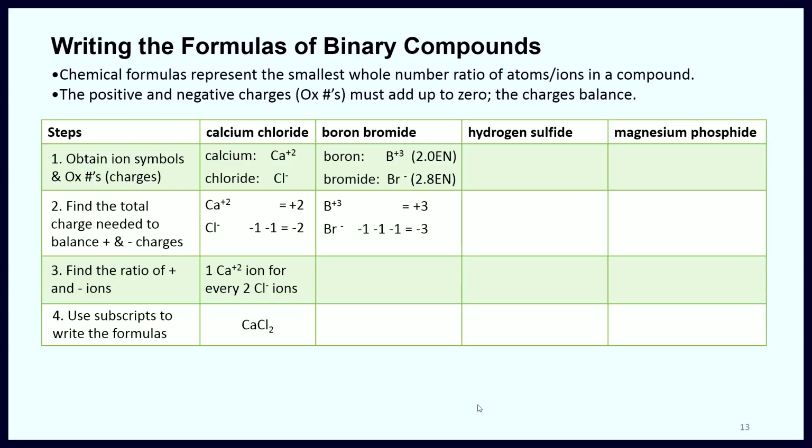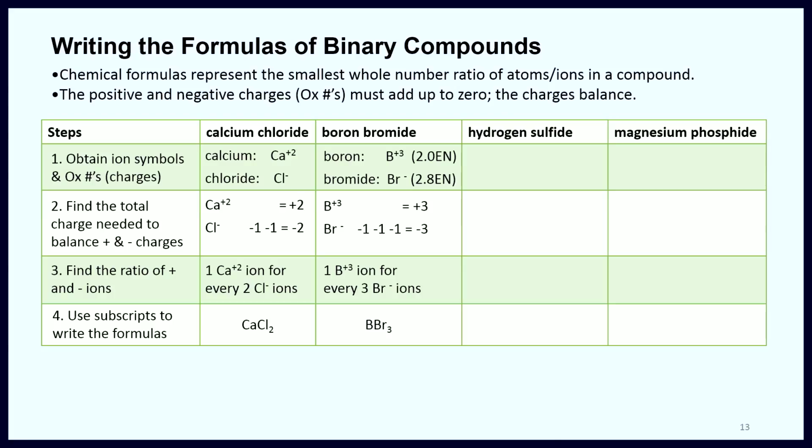The charges, boron is a fixed value of +3 in group 3A, bromide is -1, so we need 3 bromide ions for every 1 boron +3 cation. There's our ratio. And the subscripts in the formula tell us BBr3 would be the formula.